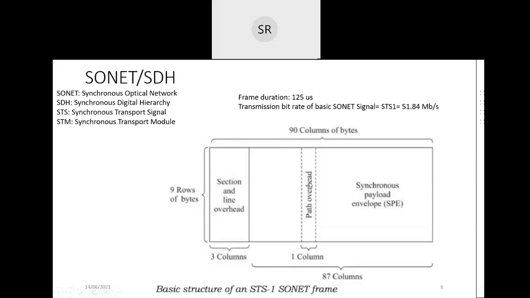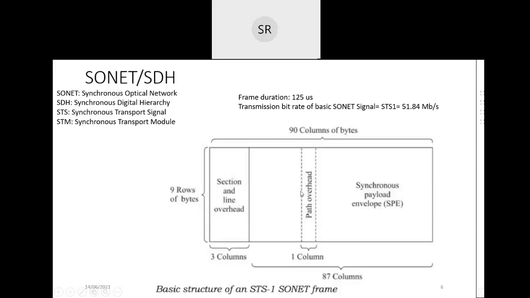And this 9-byte path overhead is used to locate the connection between the nodes there. So that is useful for this path overhead. So using this path overhead, we can consider the multiplexing of the SONET.